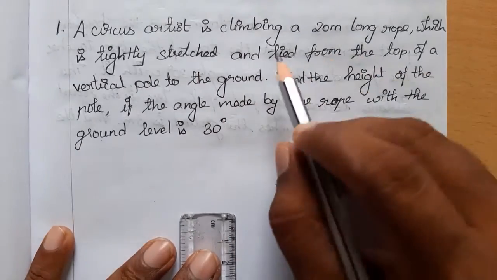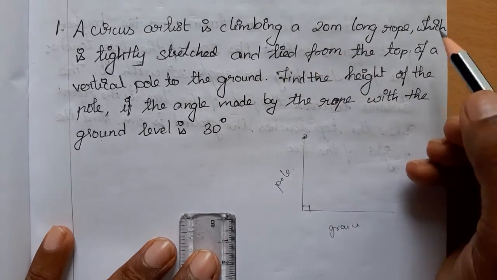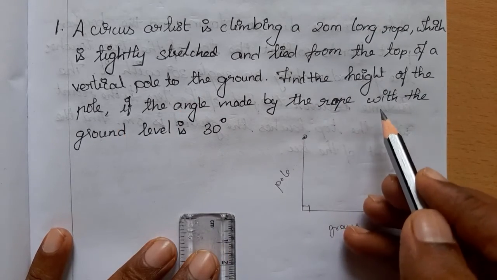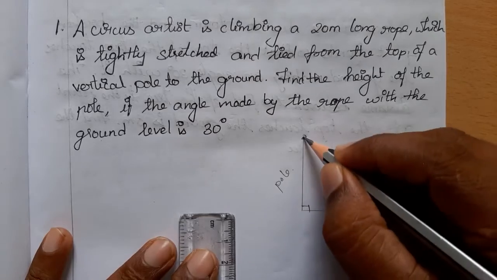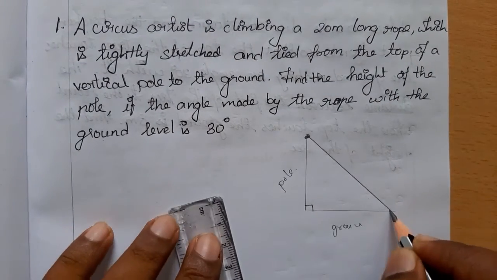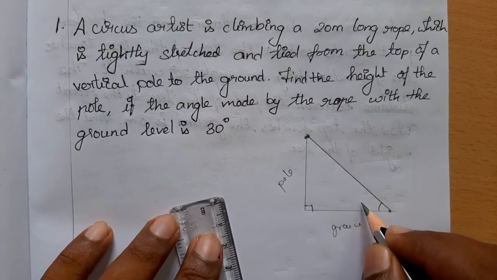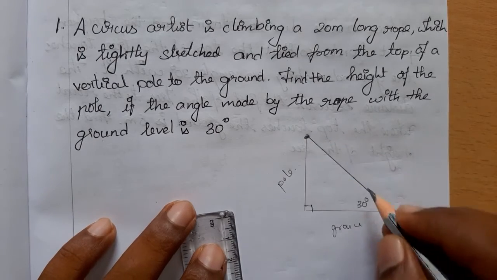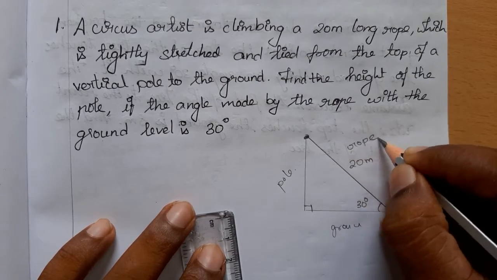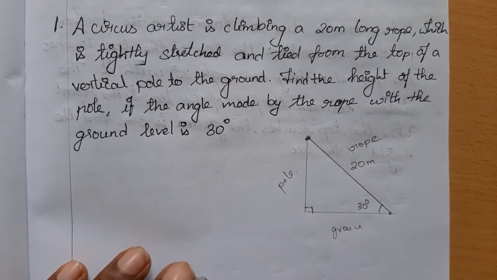The rope is 20 meters long. Find the height of the pole if the angle made by the rope with the ground level is 30 degrees. The rope touches the ground, the angle made is 30 degrees, and the length of the rope is 20 meters. This is the rope, right? So this forms a 90 degree angle, right?